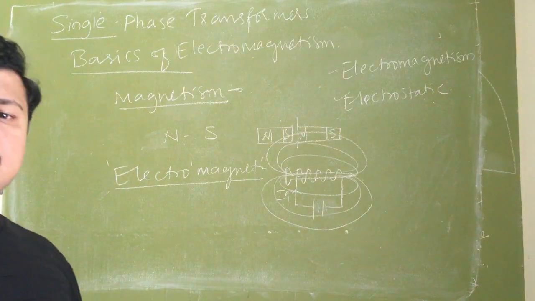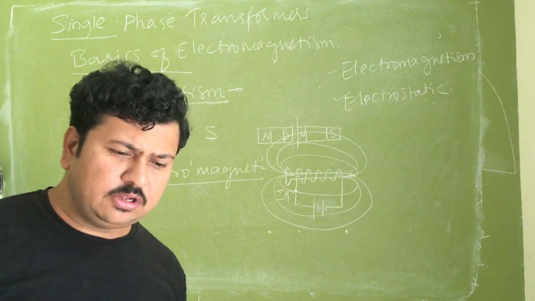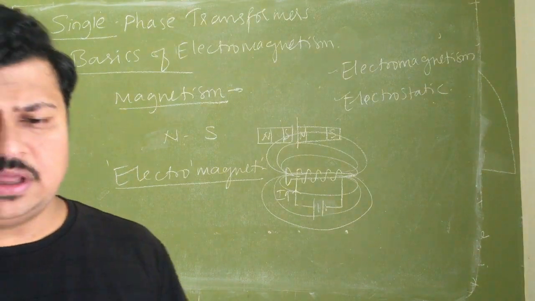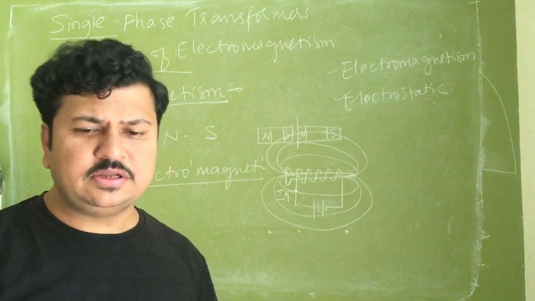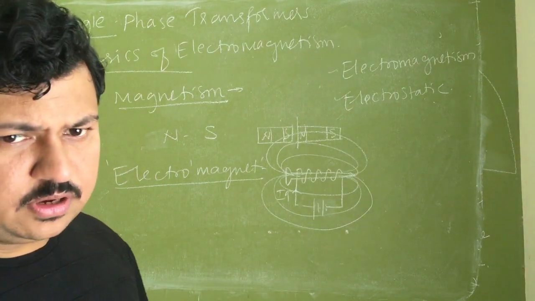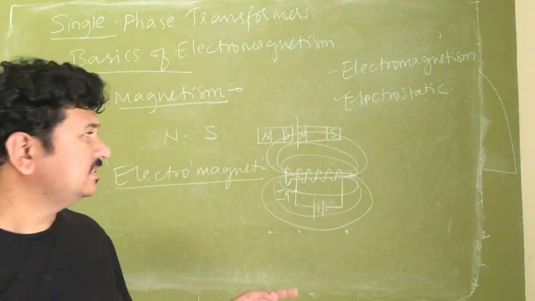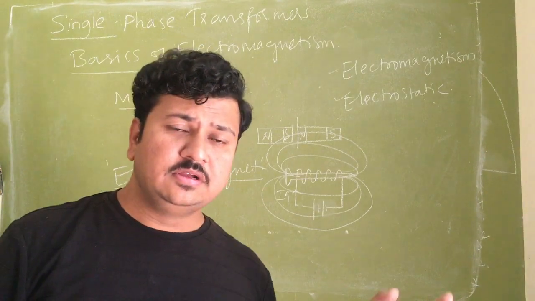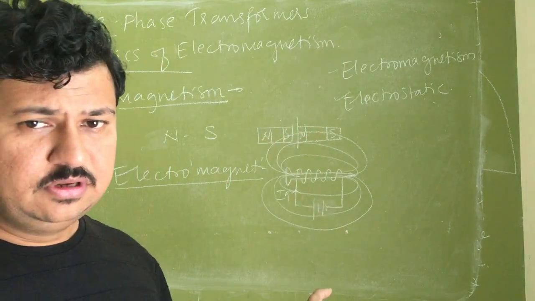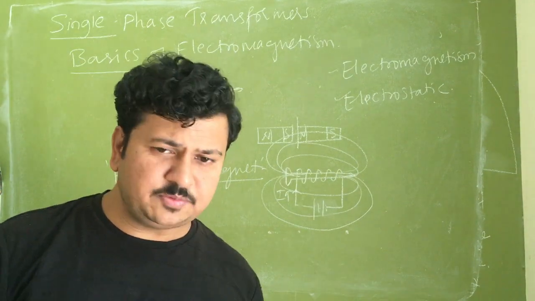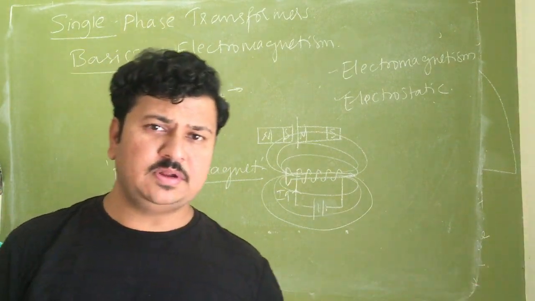Take a motor in a fan, in your mixer, in your grinder, in your vehicle's armature, a motor anywhere, that is electromagnetic. Take a transformer anywhere, that is electromagnetic. Take a generator anywhere, DC, AC, small or large, generators in our houses, shops, and shopping complexes.